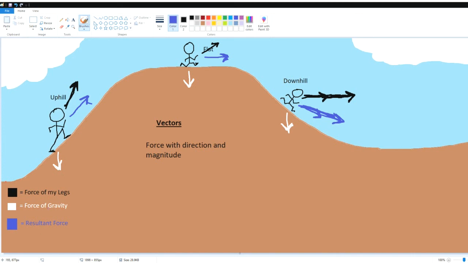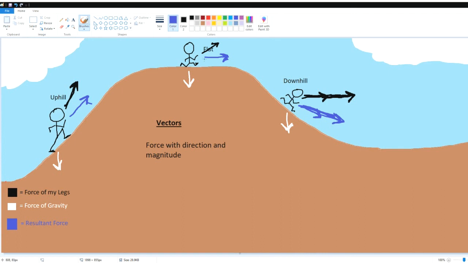And the blue here is what we're going to call a resultant force. The resultant force is the result of a combination of forces, right? It's where my body actually goes as a result of the force of my legs combined with the force of gravity.